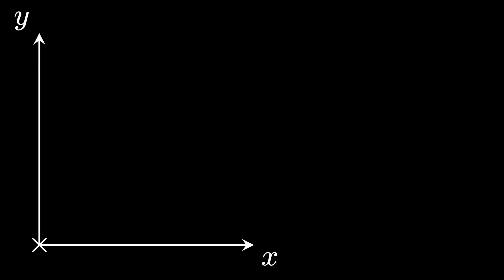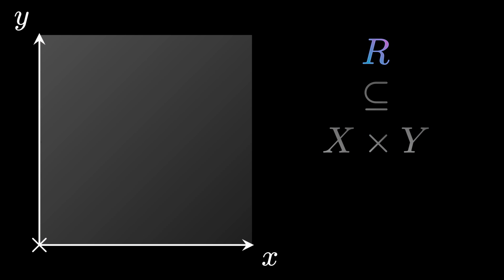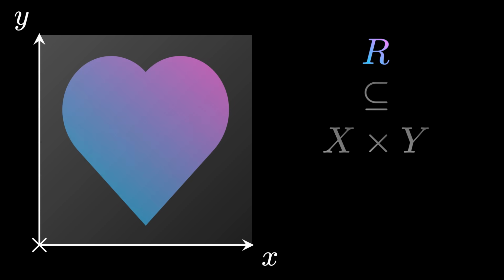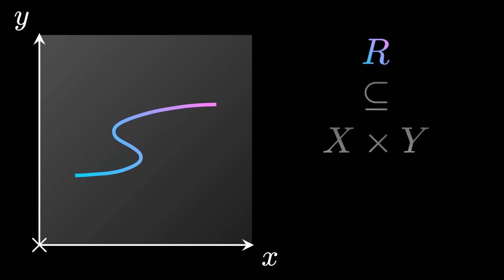As before, we can visualize the Cartesian product in this way. The only difference now is that we can form an infinite number of pairs, resulting in an area that would of course extend infinitely. A relation would then be any subset, such as this one, or simply a one-dimensional curve.